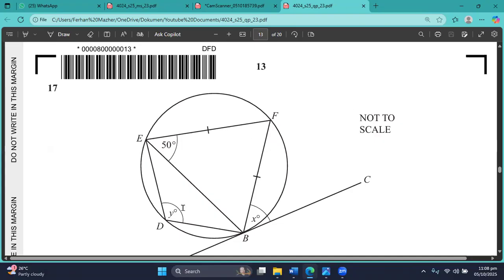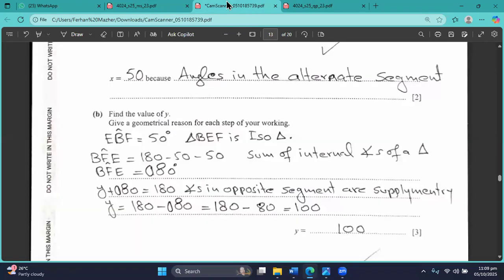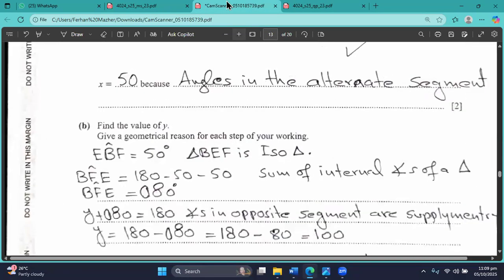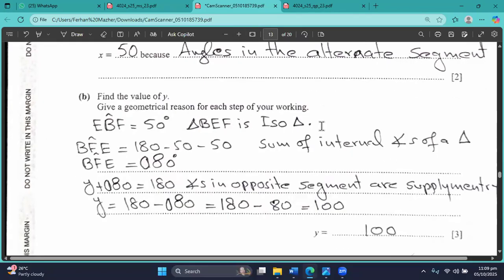Then angle F and this y, their sum will be equal to 180 because these two angles are supplementary, because this is a cyclic quadrilateral. The opposite angles are supplementary. So y plus this 80 will be equal to 180. So y will become 100.